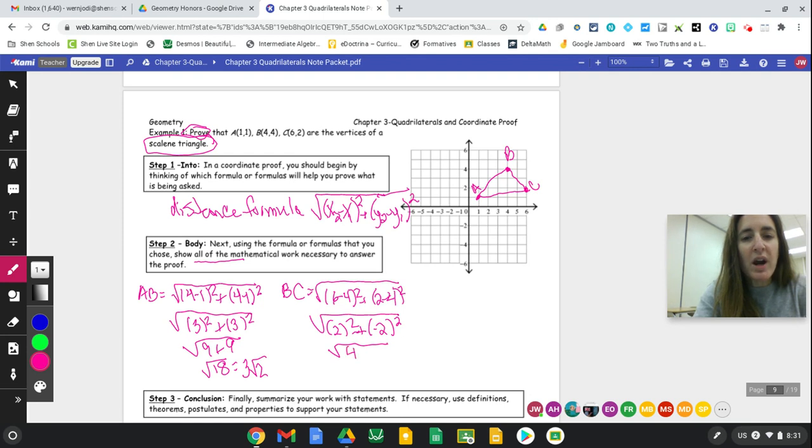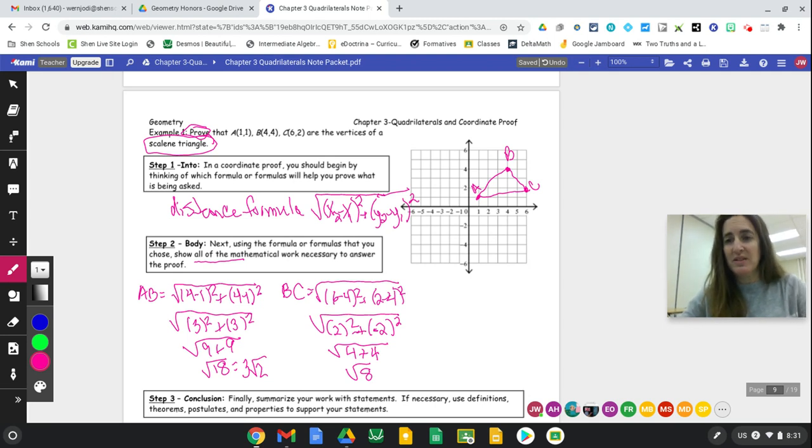So I now have 4 and 4, which is radical 8. Remember, even though this is negative 2 squared, if you're one of those people who relies on your calculator to do math for you, if you don't plug that in with parentheses around it, you're going to get a negative 4, which is naughty, because negative 2 times negative 2 is a positive 4 on there, people.